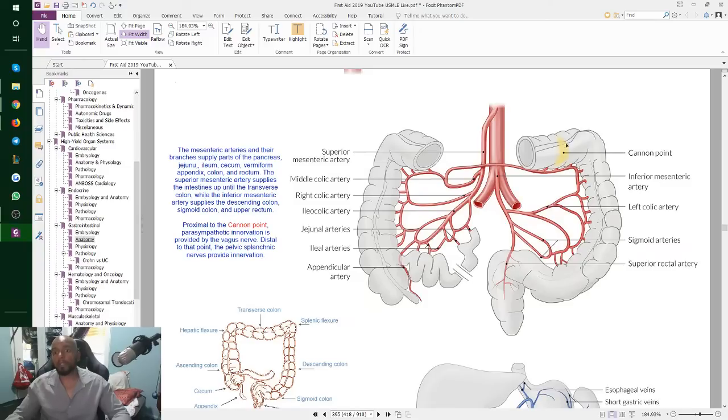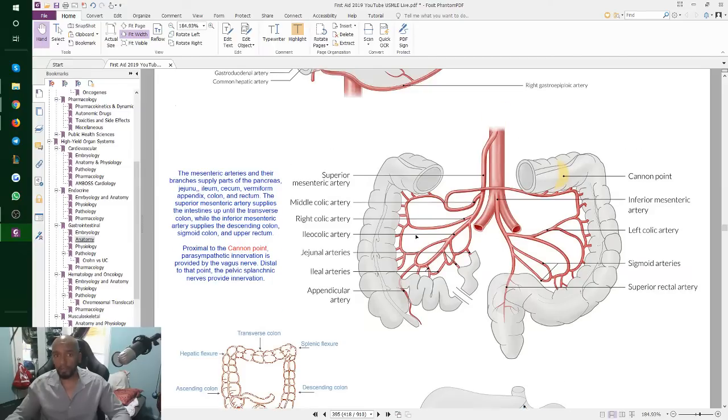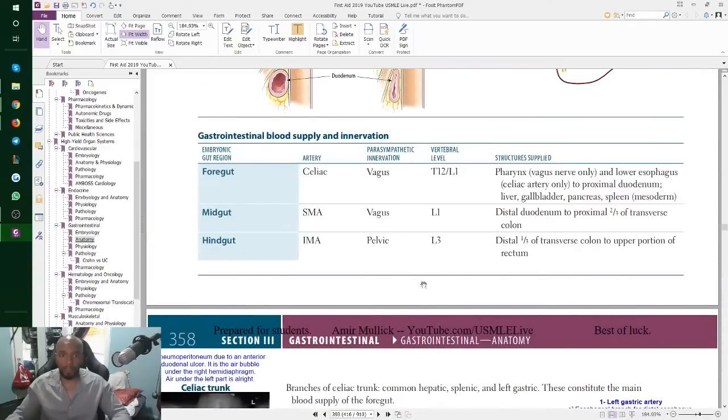Right, so this little area right here in yellow, the Cannon point, that's the place where innervation changes. Remember we saw earlier, let me see, I think it was right here, yeah. We saw right here when we were looking at this table in the video before this one, I told you guys that there isn't much to catch here besides the major difference in the parasympathetic innervation. You can see that foregut and midgut are all supplied parasympathetic innervation from the vagus nerve, but the hindgut is all pelvic nerve.